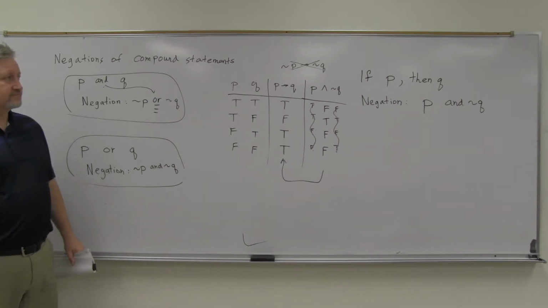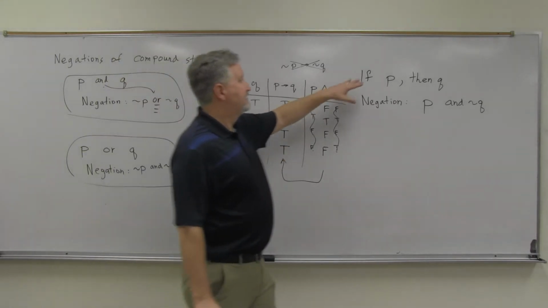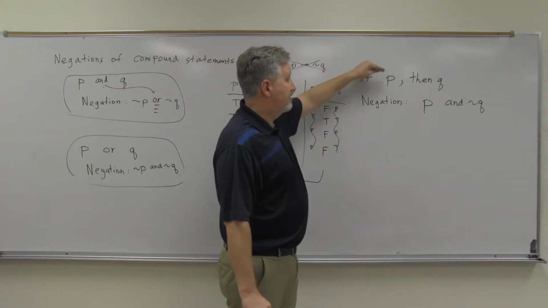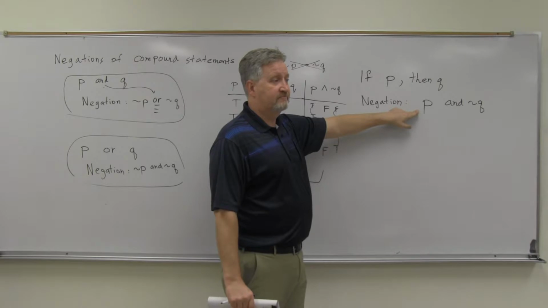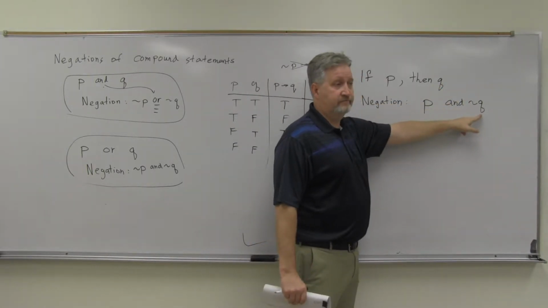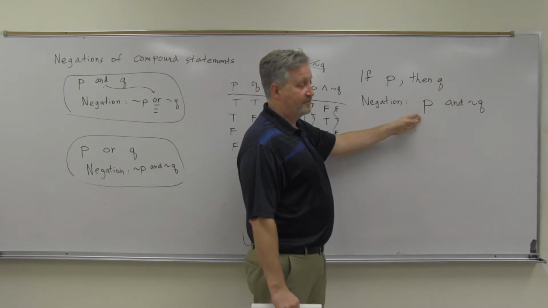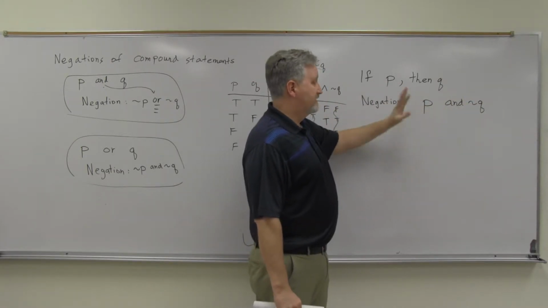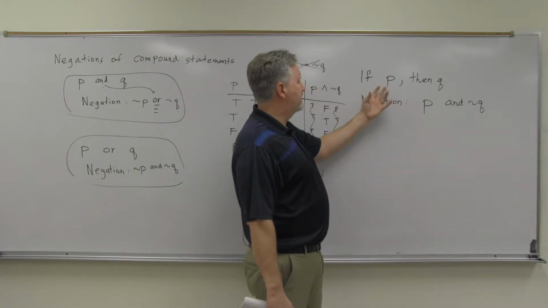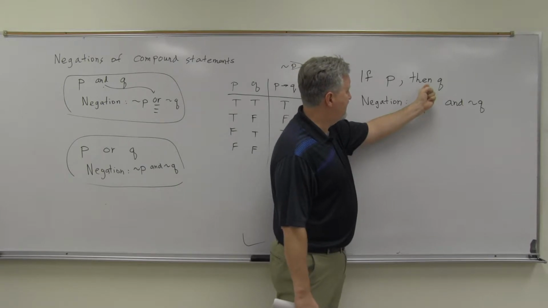Okay? So just again, note here, to negate if P then Q, I'm not going to negate P. P stays the same. I do negate the Q. That probably doesn't make sense, but maybe it will once we do one in a sentence, an actual one.